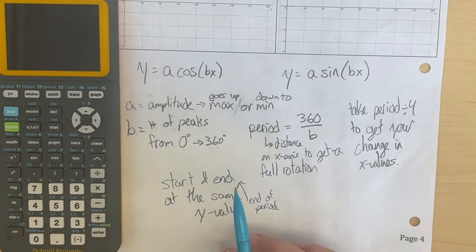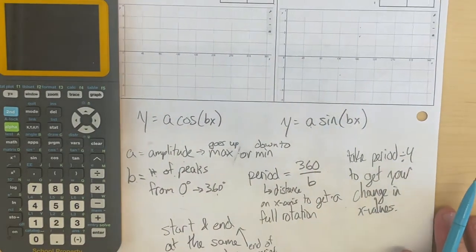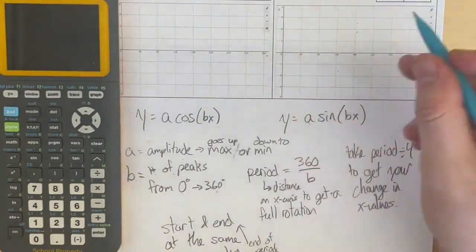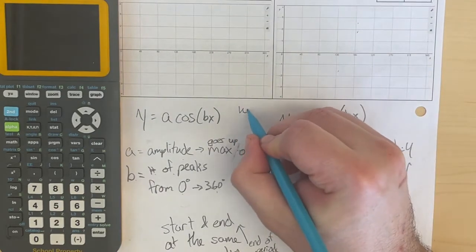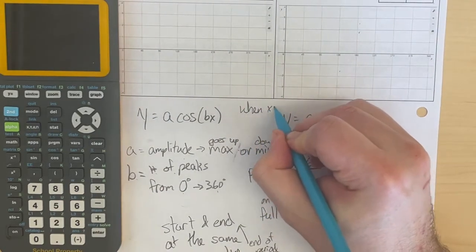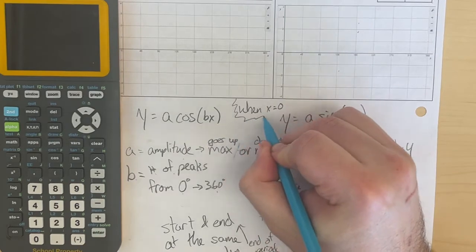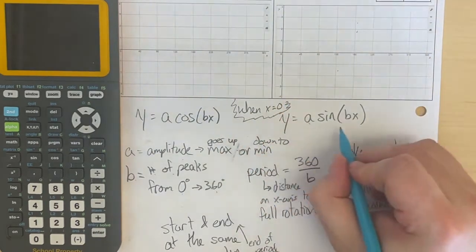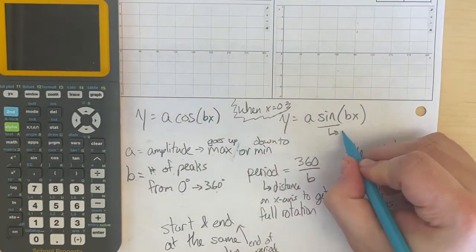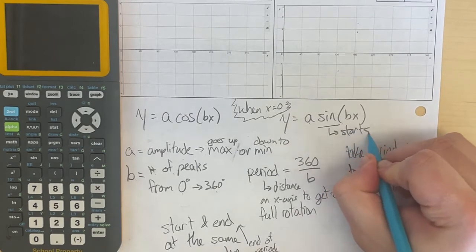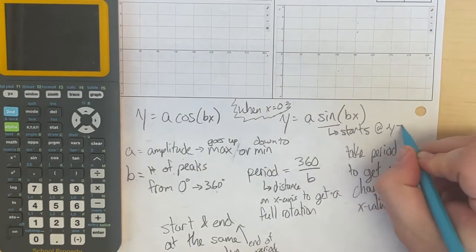The main key part to start with is as follows. We know that for both of these, when x equals 0, sine starts at y equals 0.